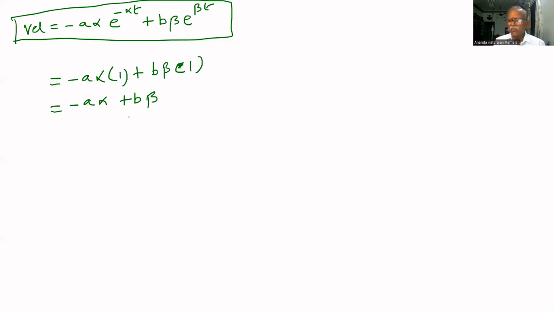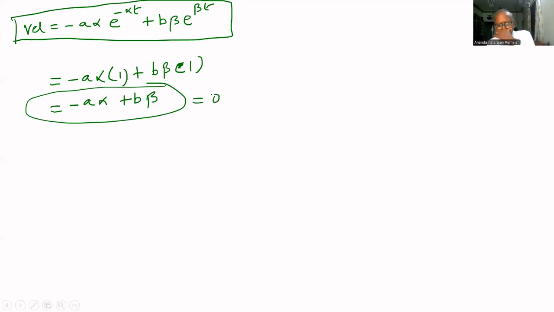We have to substitute two values: one is 0, another one is infinity. If you assume a, b, alpha, beta all equal to 1, initially it will be at rest. Initial velocity is 0.